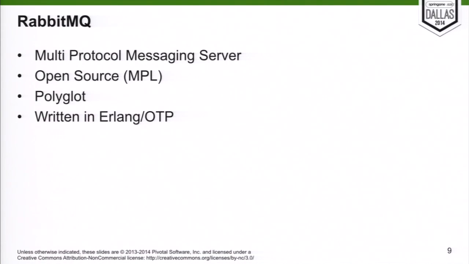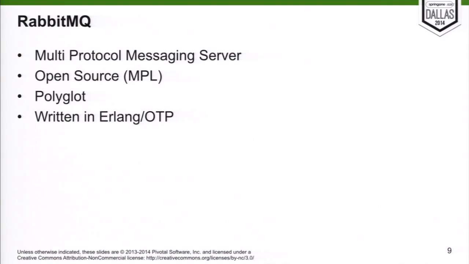Why do you care that RabbitMQ is written in Erlang? I paid for a Spring conference, right? The point is that Erlang, and specifically OTP, has many design patterns, so to speak, on fault tolerance, concurrency, and so on.